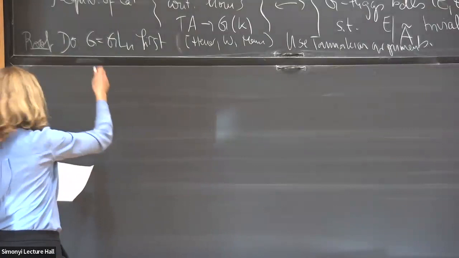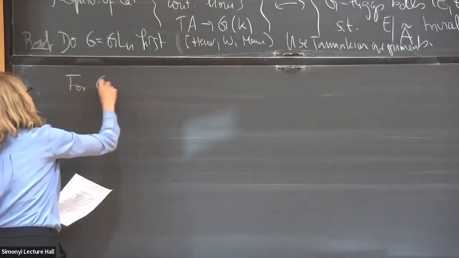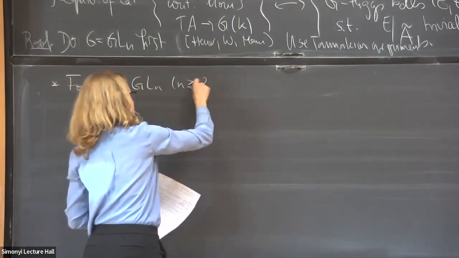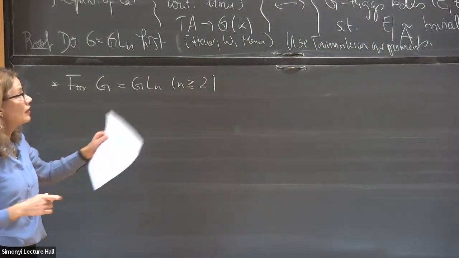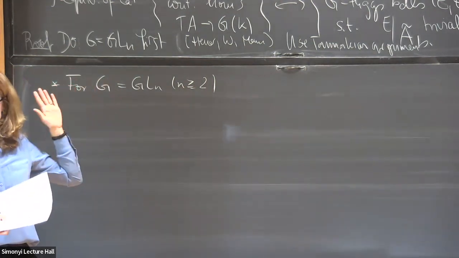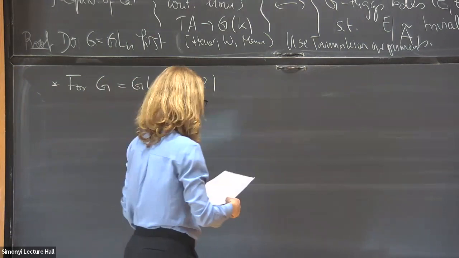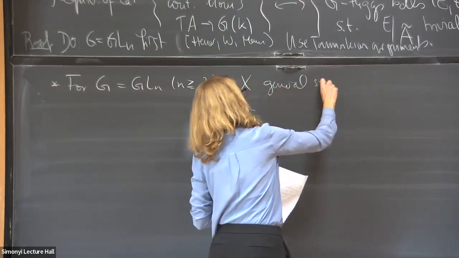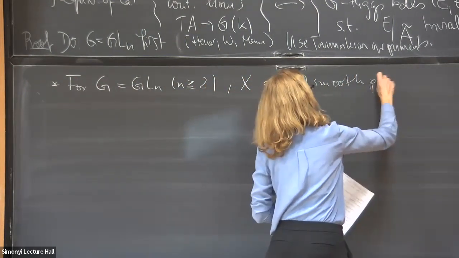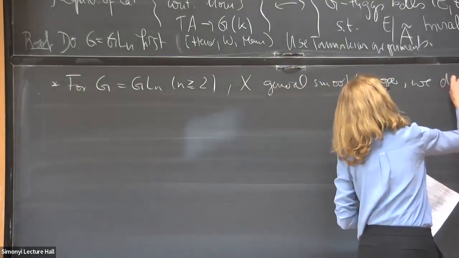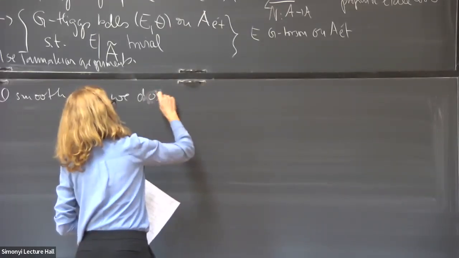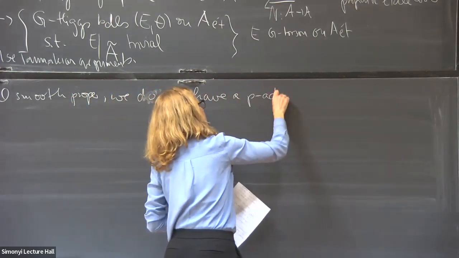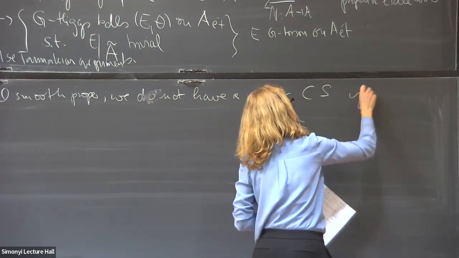So why abeloids? Well, for G equal to GL_n beyond the line bundle case. The line bundle case is done in general on any smooth proper X by Ben Heuer, but beyond this case, for general smooth proper X, we do not have a p-adic Simpson correspondence yet.